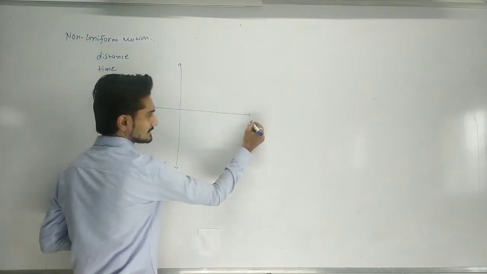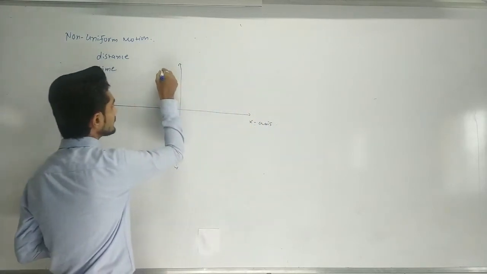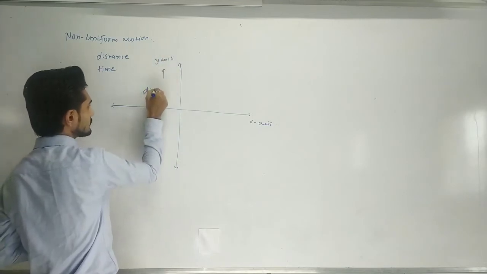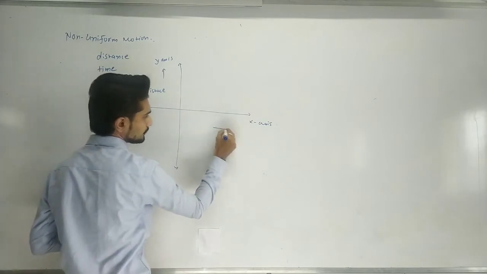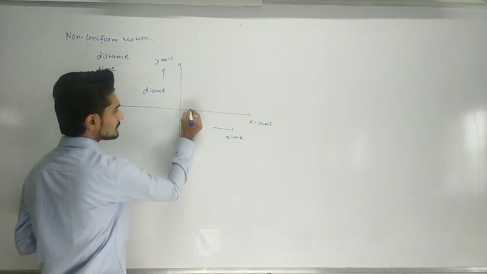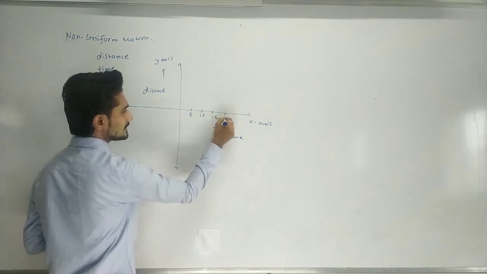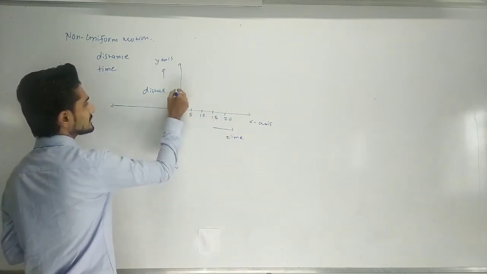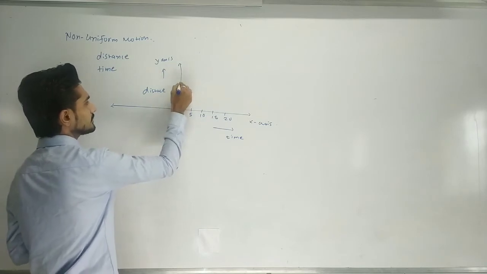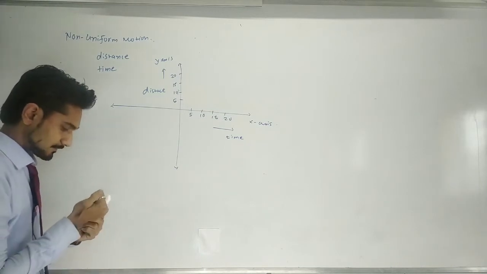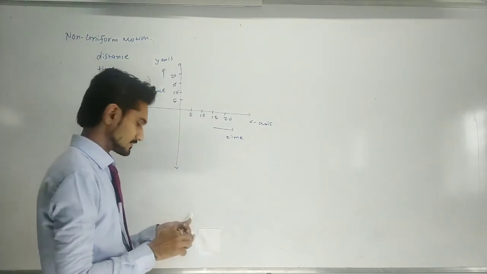Here I am representing the x-axis as time, and here the y-axis as distance. I am giving 5 minutes, 10 minutes, 15 minutes, 20 minutes as intervals of time. Here I am also marking 5 kilometers, 10 kilometers, 15 kilometers and 20 kilometers of distance.